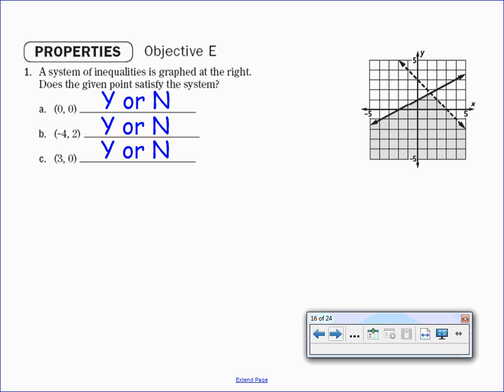Caroline and Kinsey? Yes, no, and no. Yes, no, no. Survey says. You have absolute power. Yes. Very nice. Who had yes, no, no in that order? Good job.